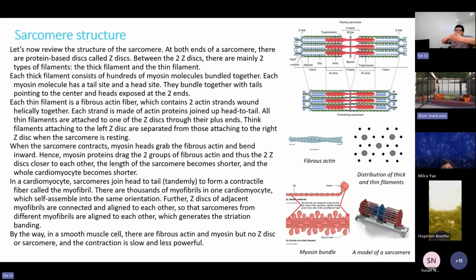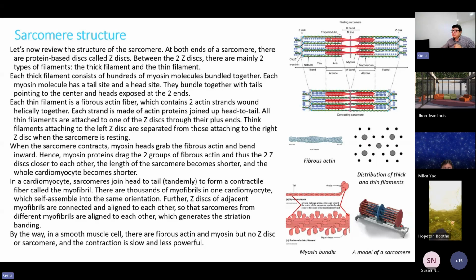The power side is located on the protein called myosin. What happens here is that a myosin will drag the actin and then push the actin inward.